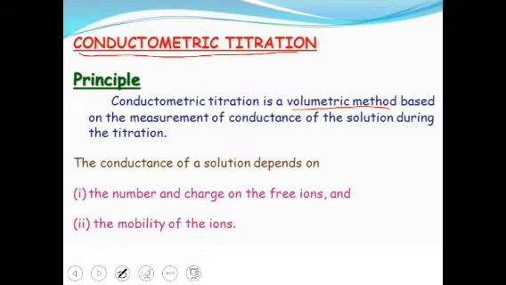Now here, the conductance of the solution depends majorly upon these two conditions.